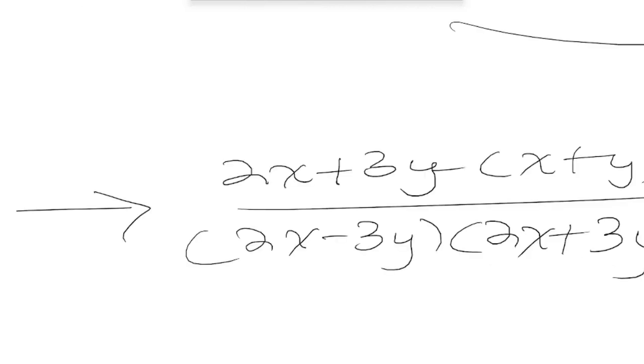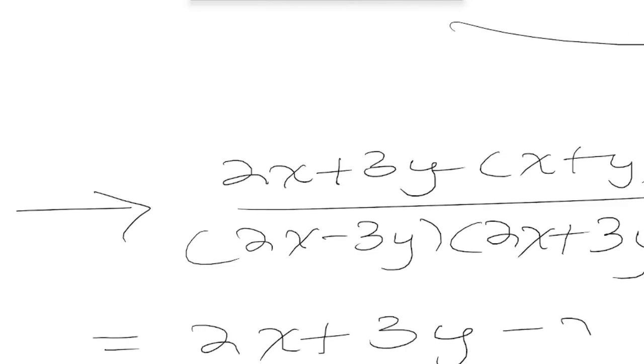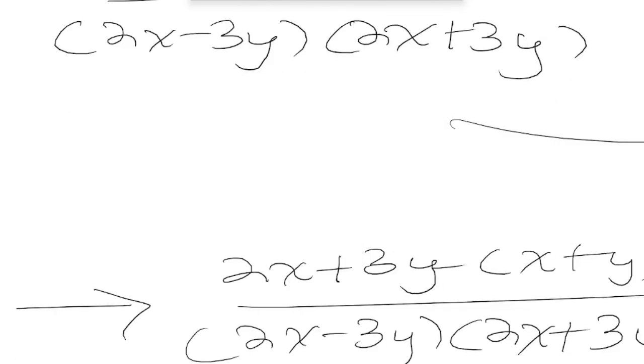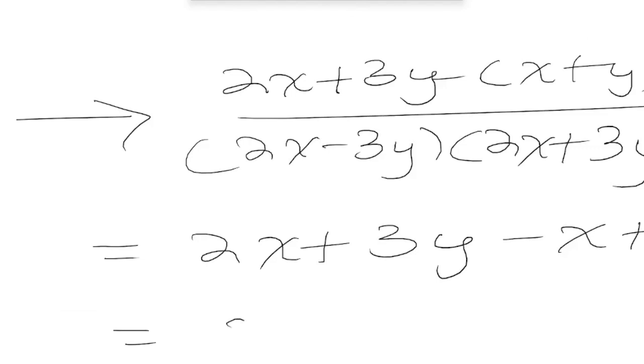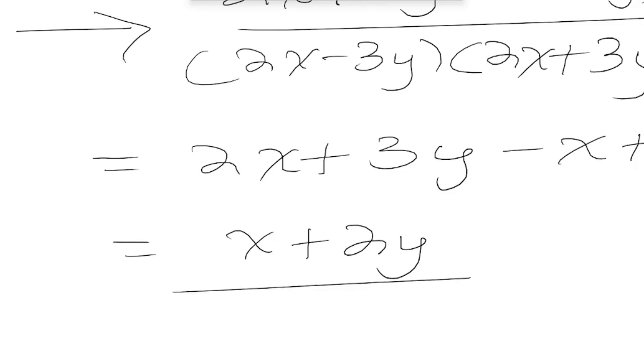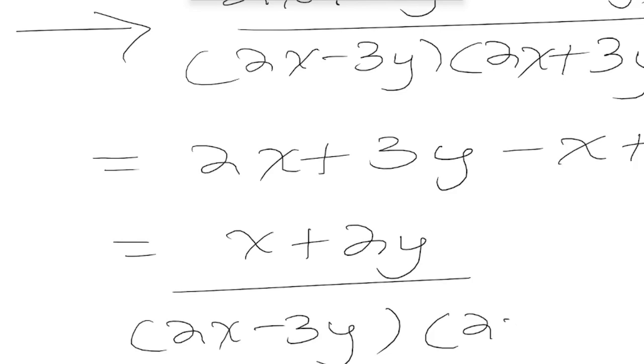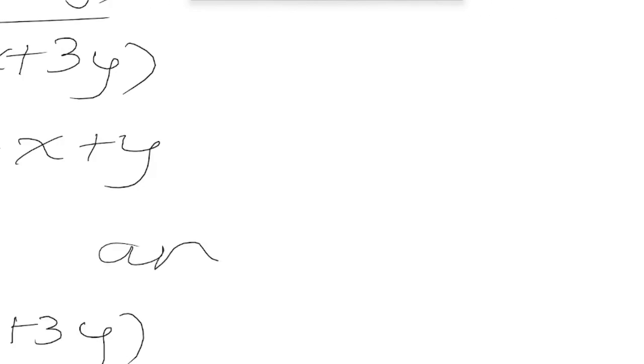After simplifying this expression, we get 2x plus 3y minus x plus y. So that results in x plus 2y. But you do not need to forget the denominator, which is 2x minus 3y and 2x plus 3y. So this will be our final answer for question number 8.